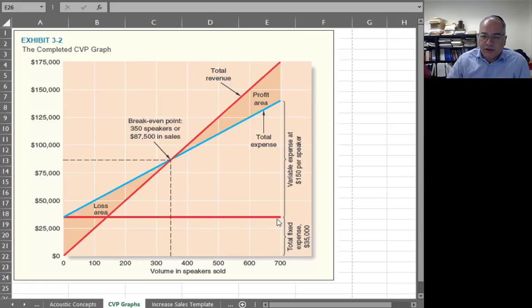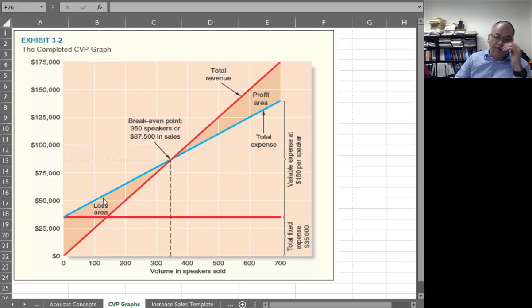Variable expense will be a diagonal line. I'm going to start off with total expense. I could also draw variable expense only as a line starting at zero, but it would just add a little more work. So I'm just going to do total expense, and it's going to start off at the fixed expense line where that meets the vertical axis right here. So at zero volume, you have $35,000 in expenses.